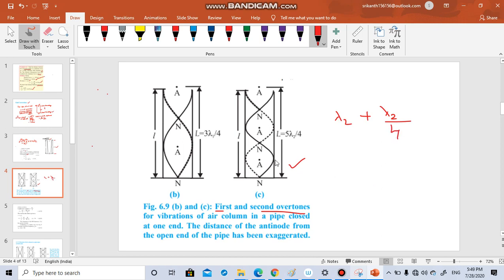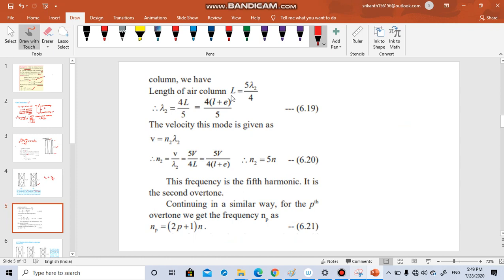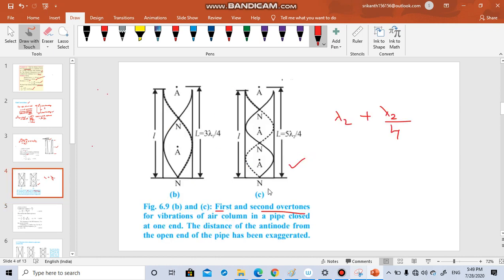So that is why it is 5 lambda 2 by 4. So here capital L is equal to 5 lambda 2 by 4. So you can get the value of lambda 2. Okay, lambda 2 is 4L by 5, but you know L value will be L plus E. Why L plus E? One end is fixed, another end is free. So you have to apply one end correction.